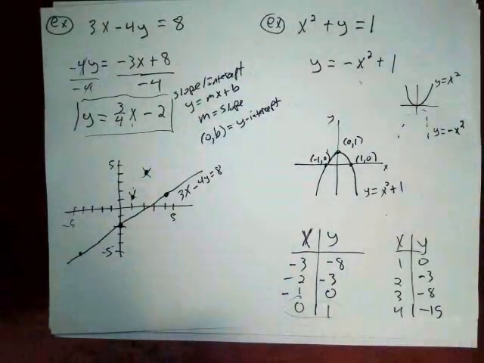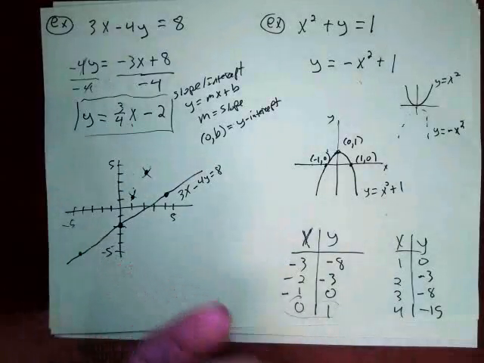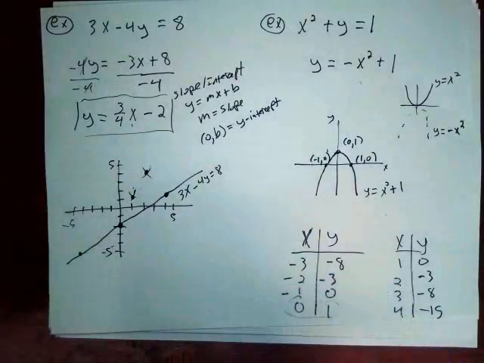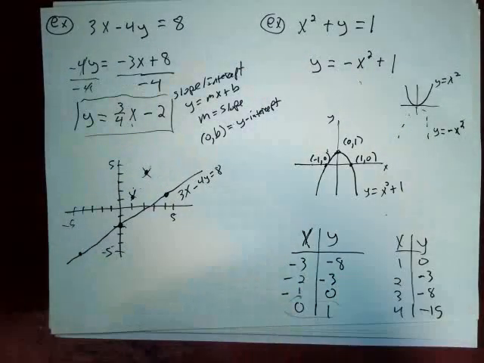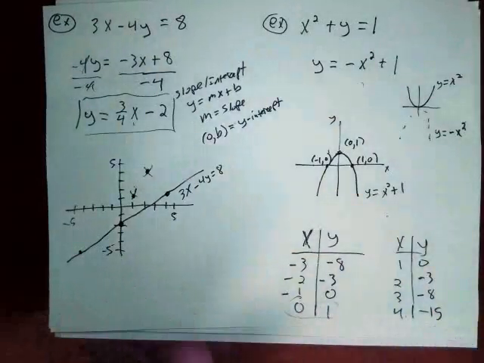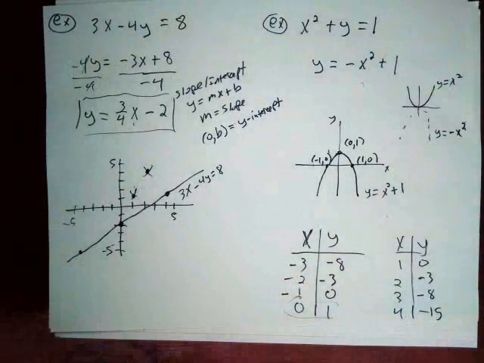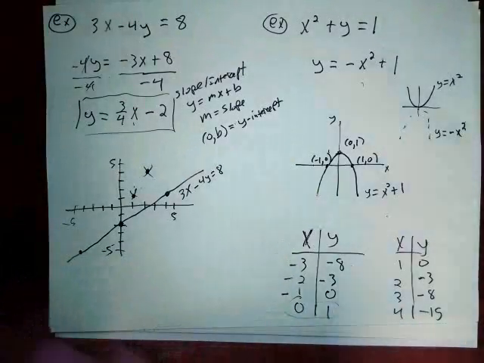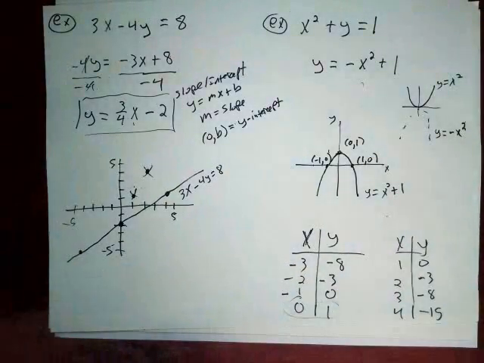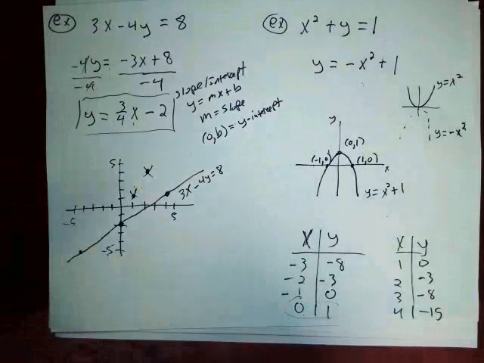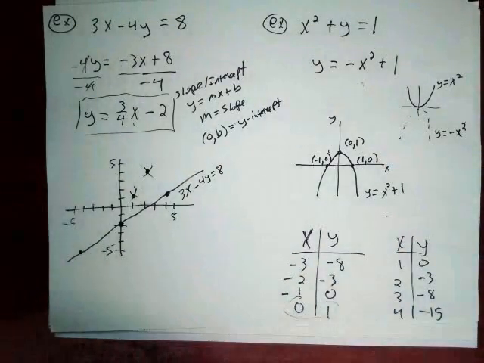So you're using the equations, the graphs and the tables, and they all work together to help you work with ordered pairs. Work with relations, which are a set of ordered pairs relating two numbers together.